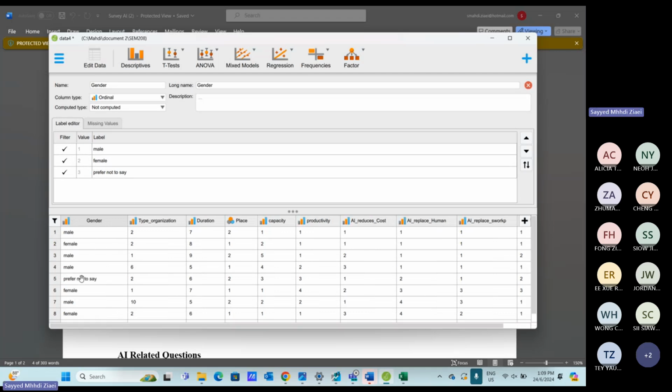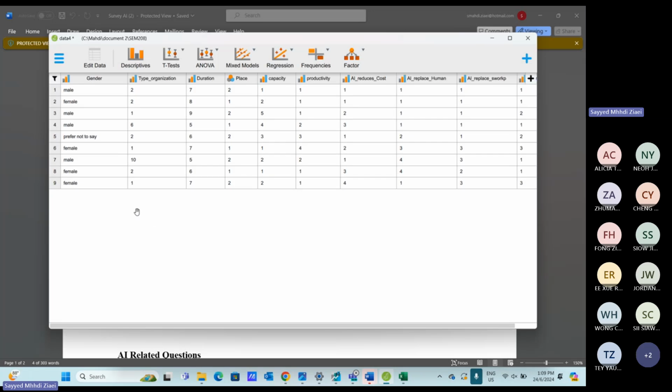See, the gender is now written as male, female, male, male, prefer not to say, female, male, female.